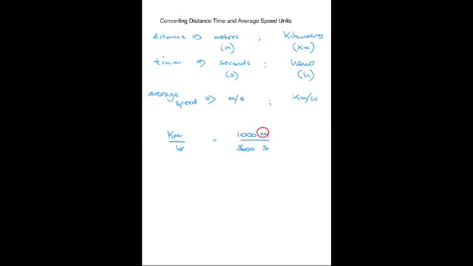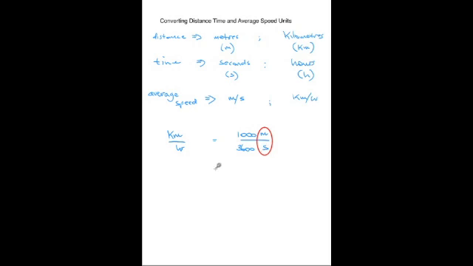Now what we've got here is our unit, and so you can see there very clearly that 1 kilometer per hour is in fact equal to 1000 meters per 3600 seconds.